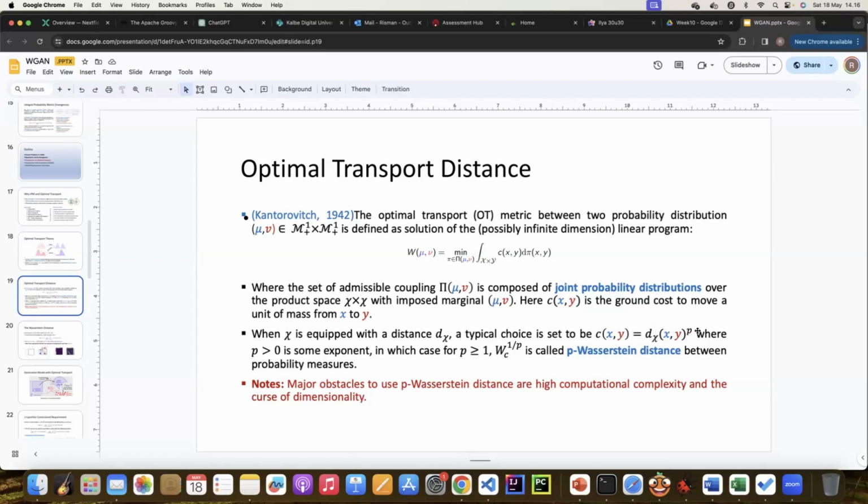So what we call p-Wasserstein is the p-th root of W1 multiplied by p. Okay. So from optimal transport, we define a distance called p-Wasserstein distance.